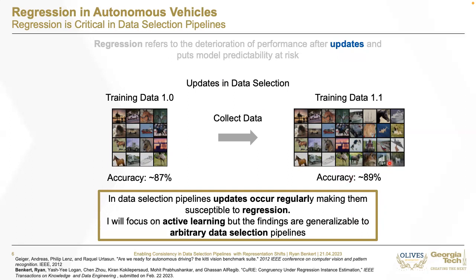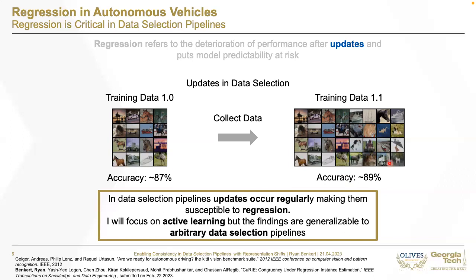And that's really what I want to emphasize in this talk today. And I'm going to be focusing on updates in data selection pipelines in particular, because software updates play a crucial role in data selection pipelines and are extremely important to assess performance and deployment decisions of neural networks.